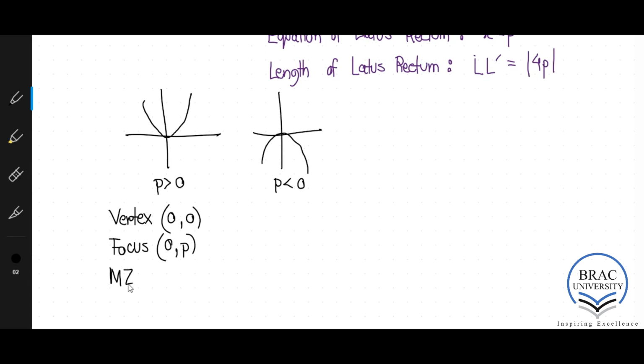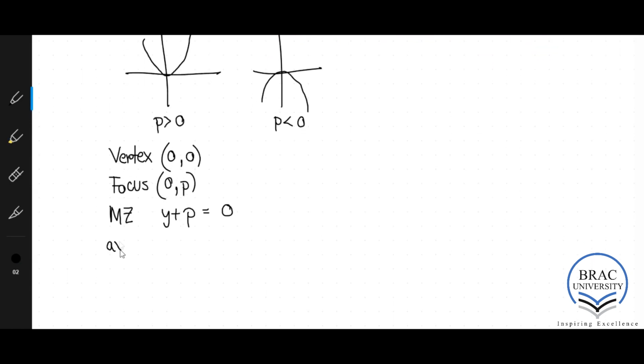The directrix, as I've geometrically shown, is going to have the equation y plus p is equal to 0. And the axis of symmetry is x is equal to 0. And the length of the latus rectum is still 4p.